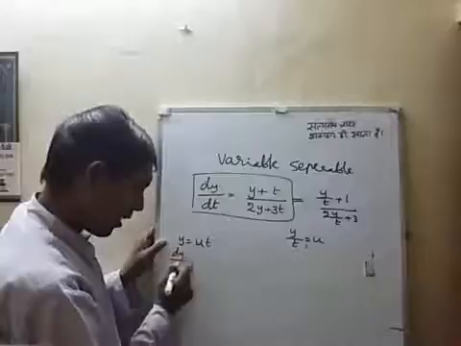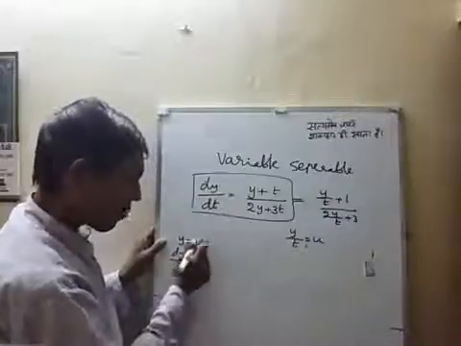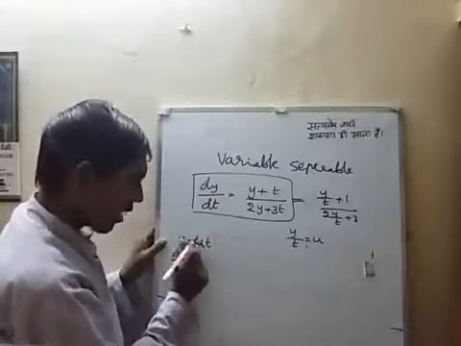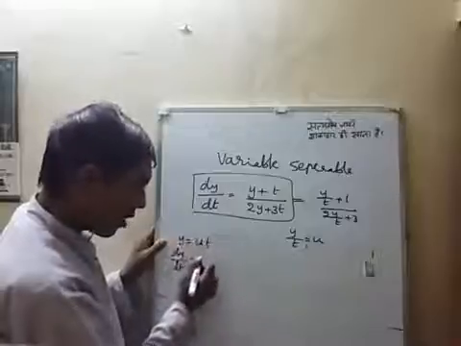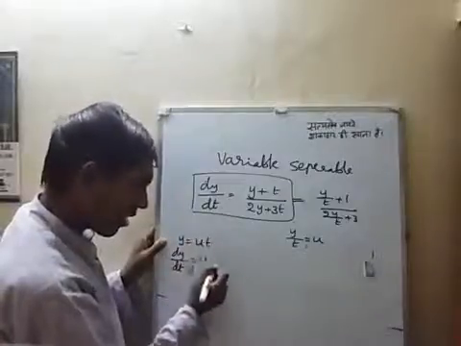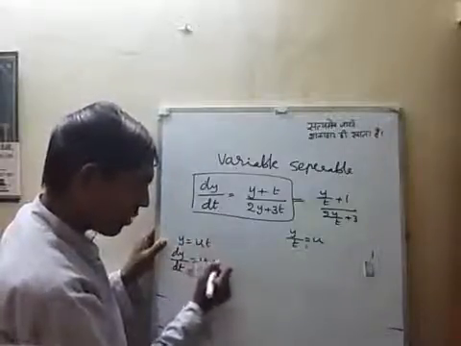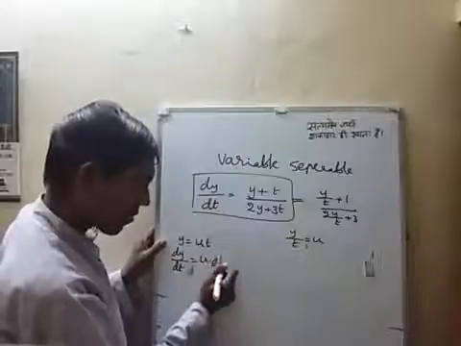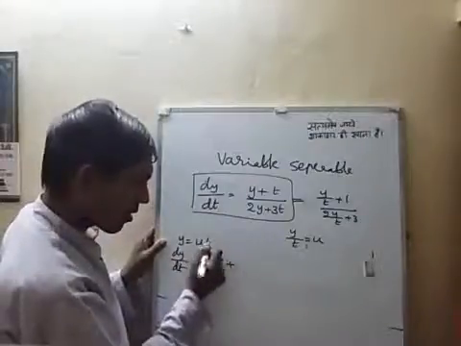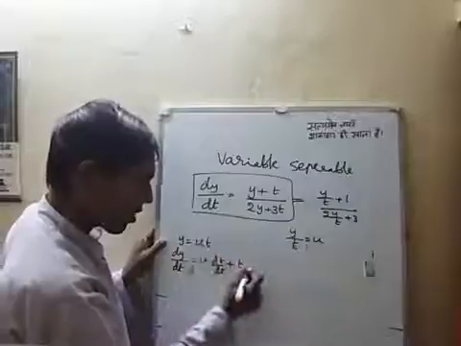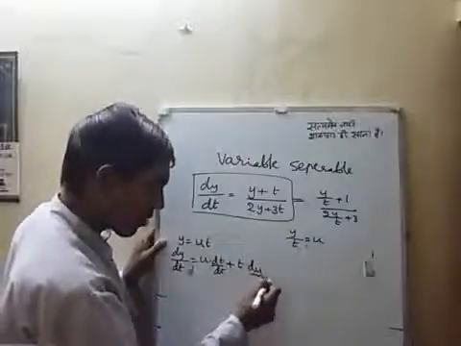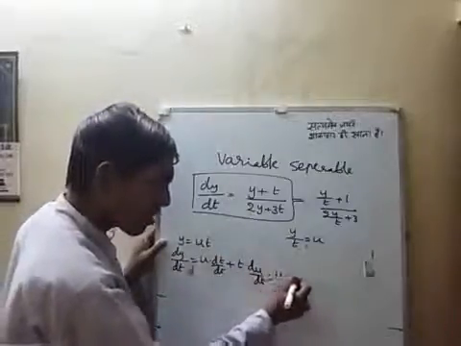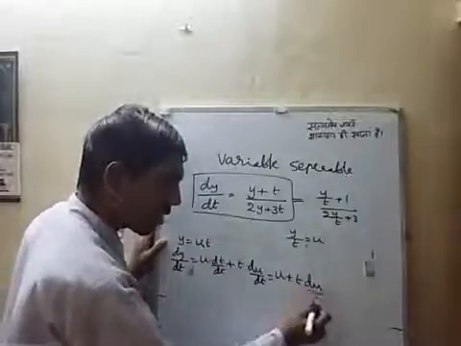Now dy by dt, I will differentiate this. dy by dt is equal to, now here we have product of two functions, so I will use the uv rule. So u into derivative of this, that is 1, that means u into derivative of t, plus this into derivative of this, that is du by dt. So what you have is u plus t du by dt.